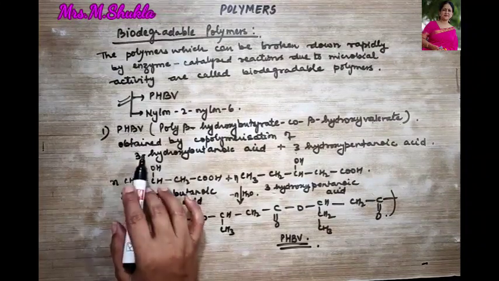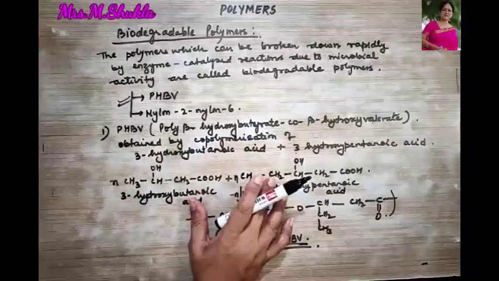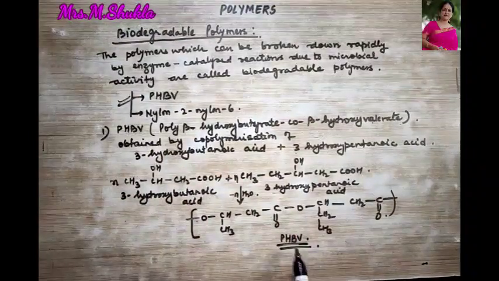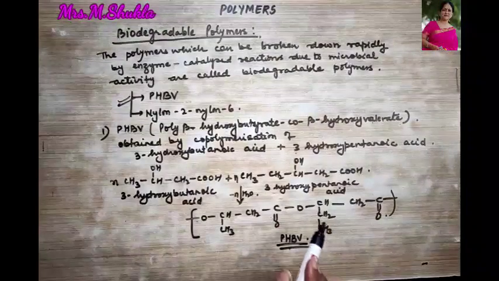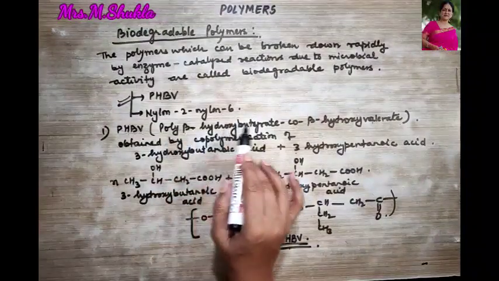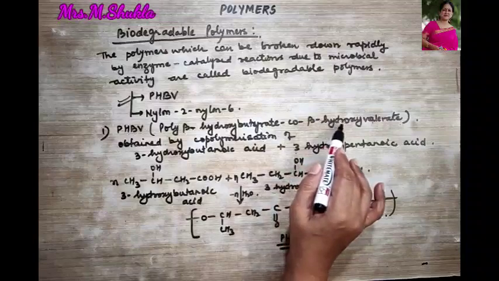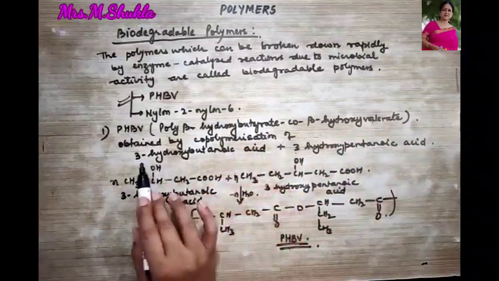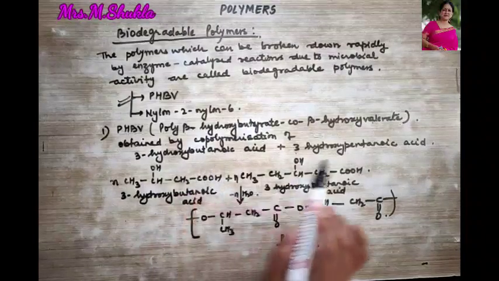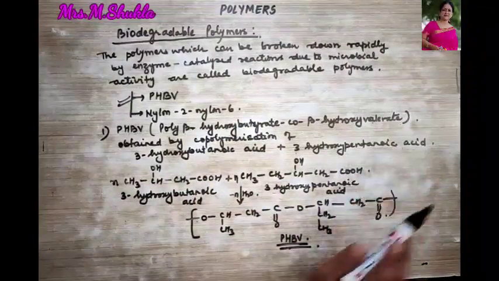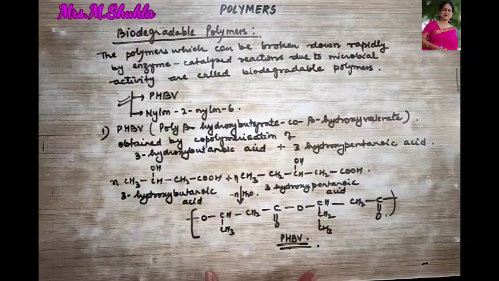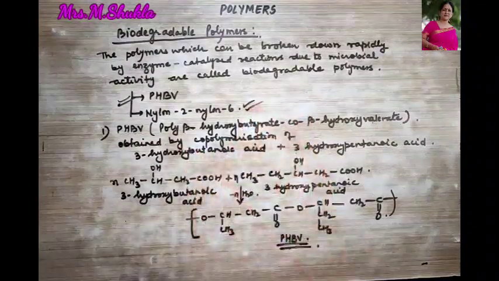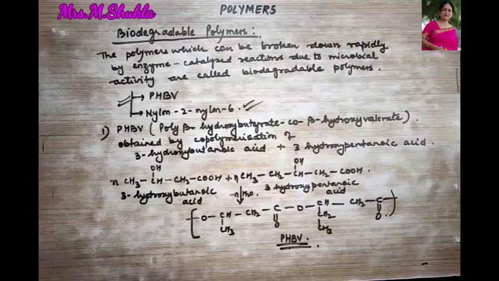So this was your first biodegradable polymer that you had to study. What is it? PHBV. What is the full form of it? Poly-beta-hydroxybutyrate-co-beta-hydroxyvalerate. How is it obtained? By copolymerization of 3-hydroxybutanoic acid and 3-hydroxypentanoic acid. Clear?